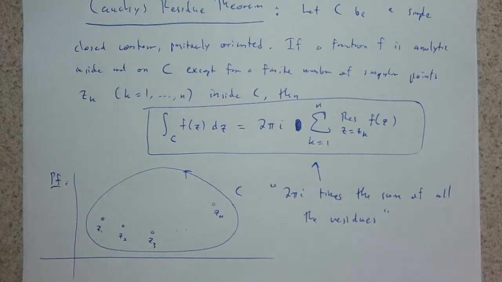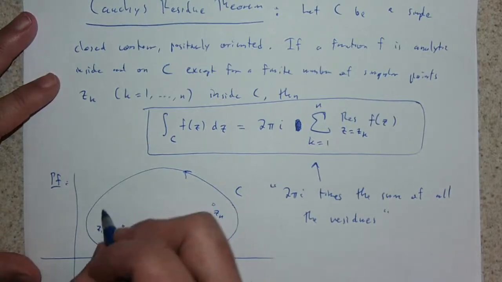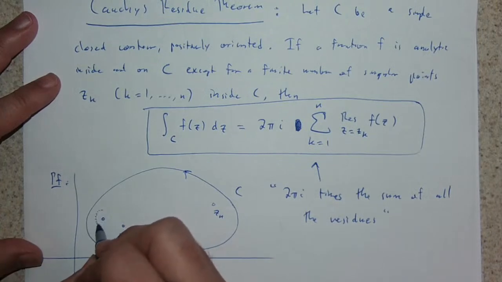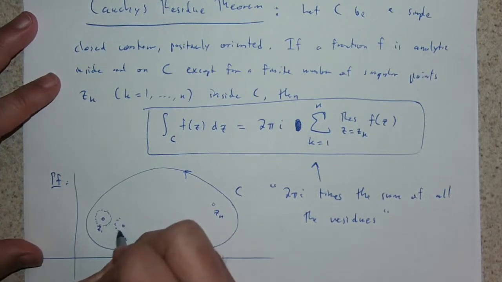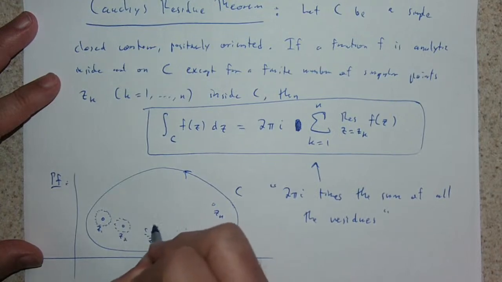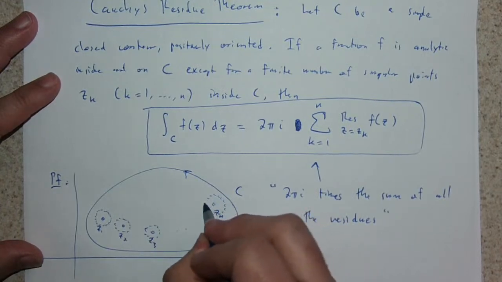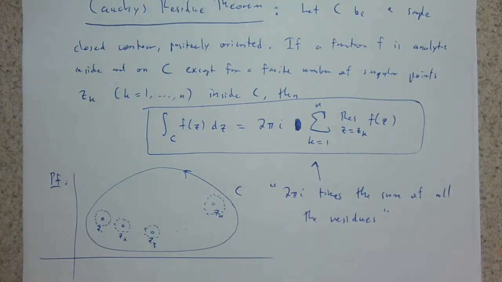Since there are finitely many of these, I can find some radii of open punctured disks about each of these, such that f is analytic everywhere on these punctured disks. I'm doing it so that I can make these neighborhoods small enough that they don't contain any other singular points. And the fact that I can do that means these are isolated. So that's why this is important, okay?